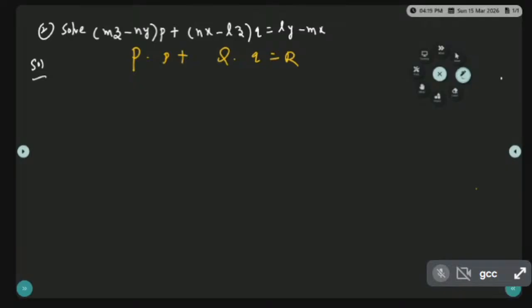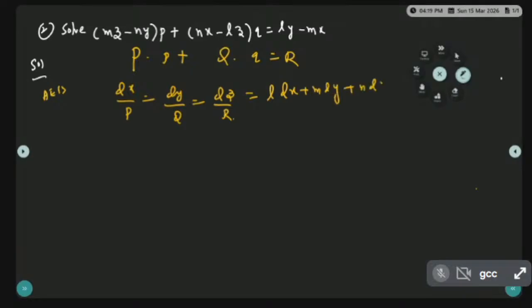Right. What are the auxiliary equations? Auxiliary equations: dx by P equal to dy by Q equal to dz by R equal to l dx plus m dy plus n dz by lP plus mQ plus nR.